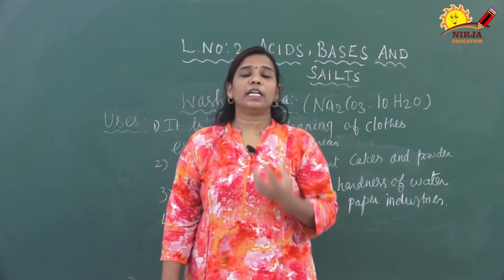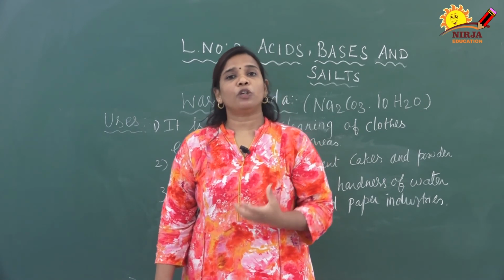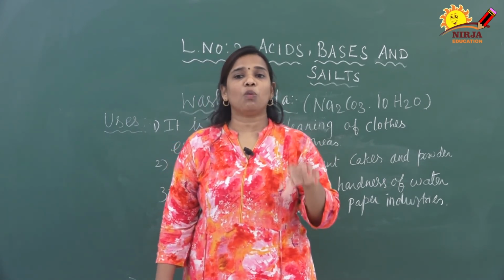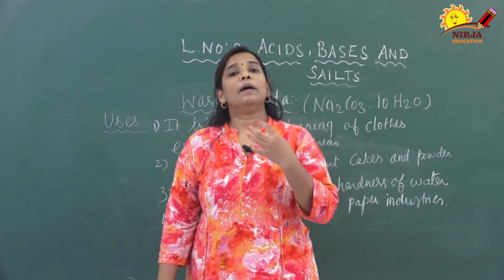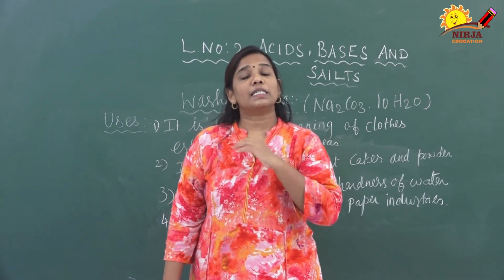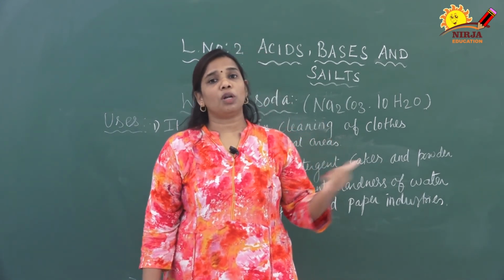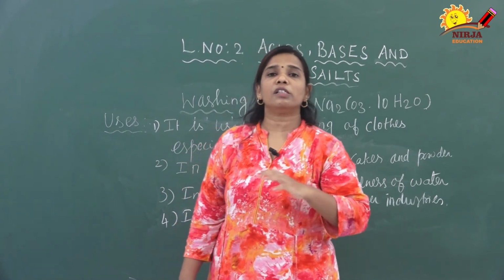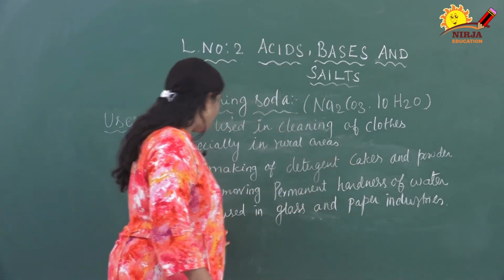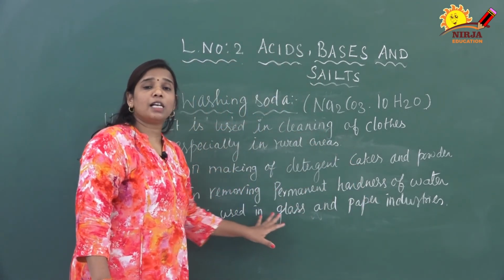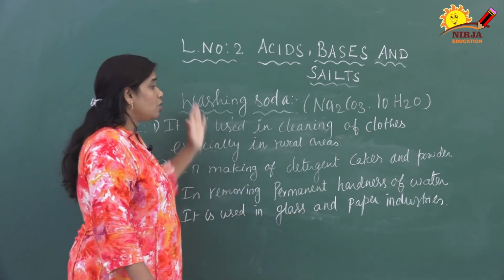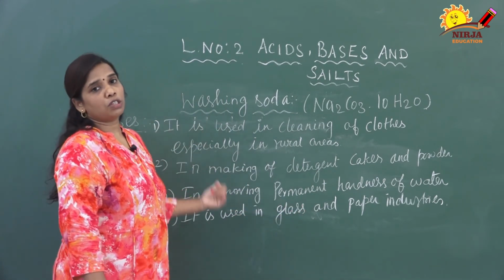Permanent hardness means a certain amount of salts like sodium, potassium, calcium are present in the water. That water is called hard water. When we use washing soda, it removes the permanent hardness of the water. The fourth point is it is used in the glass as well as paper industry. These are the uses of washing soda.